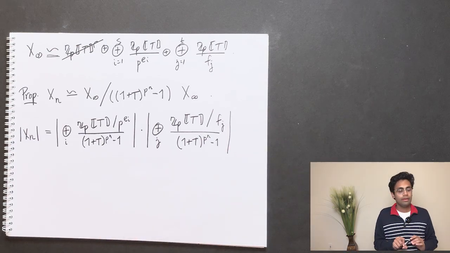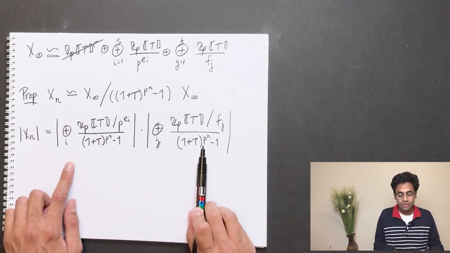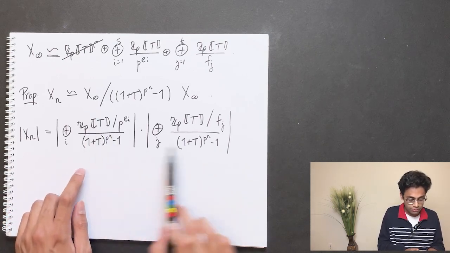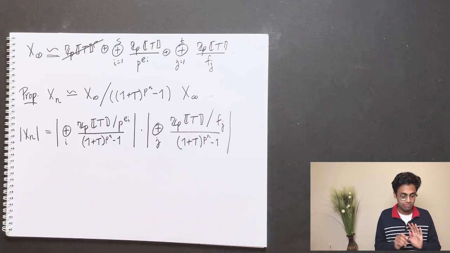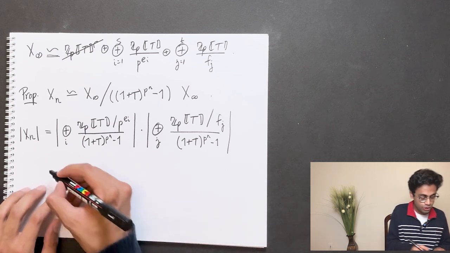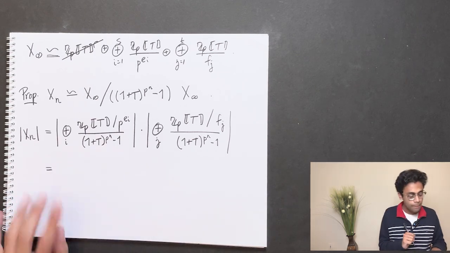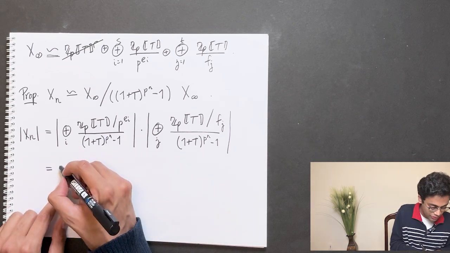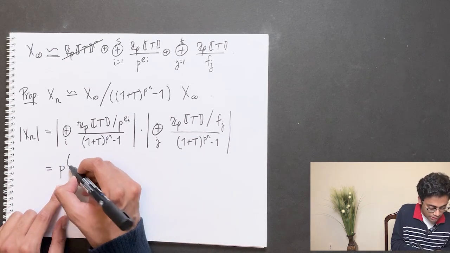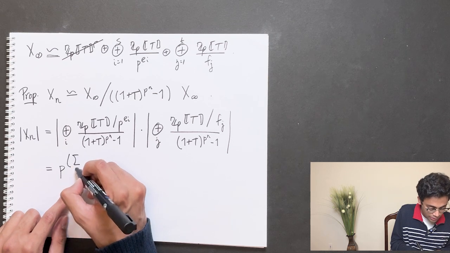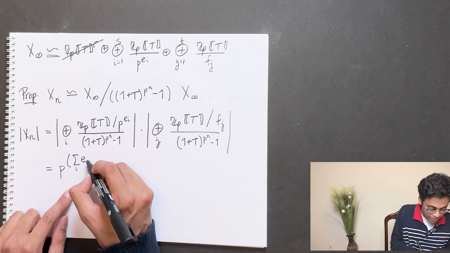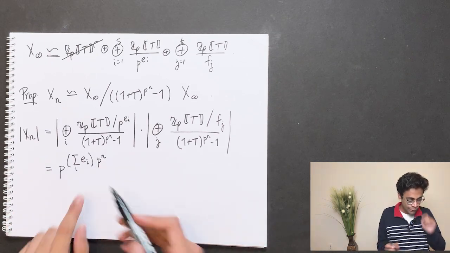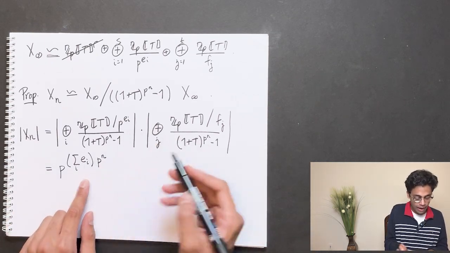Okay, so this is purely a commutative algebra exercise. It's kind of tricky to calculate the sizes of all these things, but it can be done. It is purely commutative algebra, and I won't do that here. But if you do that, you'll find that the size of this is p times the sum of all these e_i's times p to the n. So this e_i is the same as that e_i.